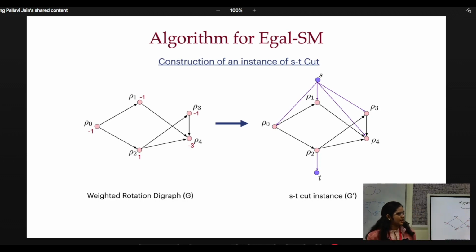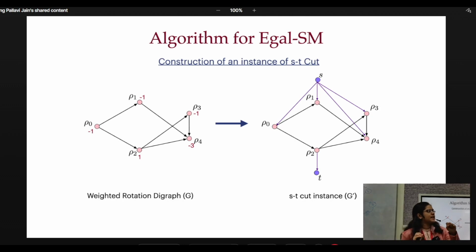This is the construction. You take the rotation diagram, vertex set and edge set, copy everything into ST cut, add two vertices S and T, add arcs from S to negative nodes and from positive nodes to T. What more do I need to define in this graph? This is an ST cut instance, right? We have a directed graph, we have S, we have T. What more?